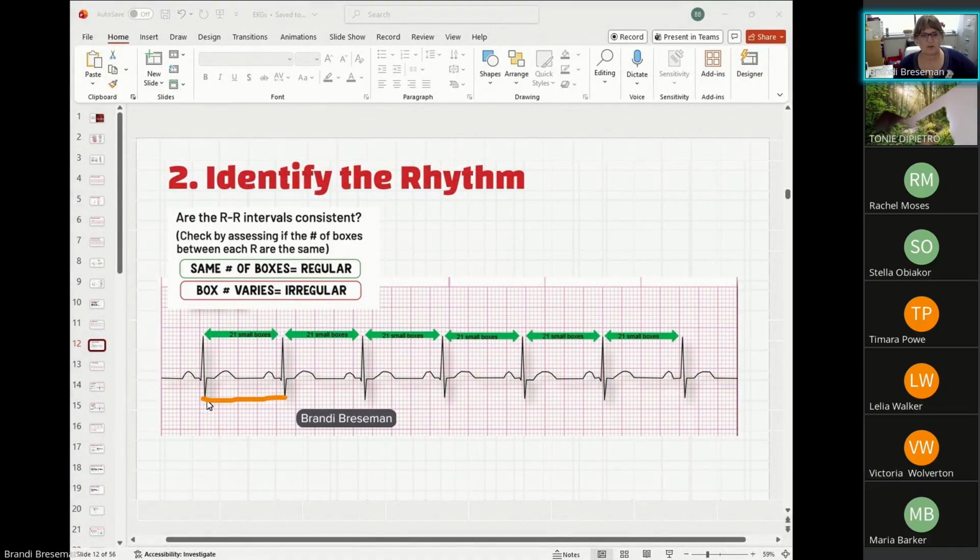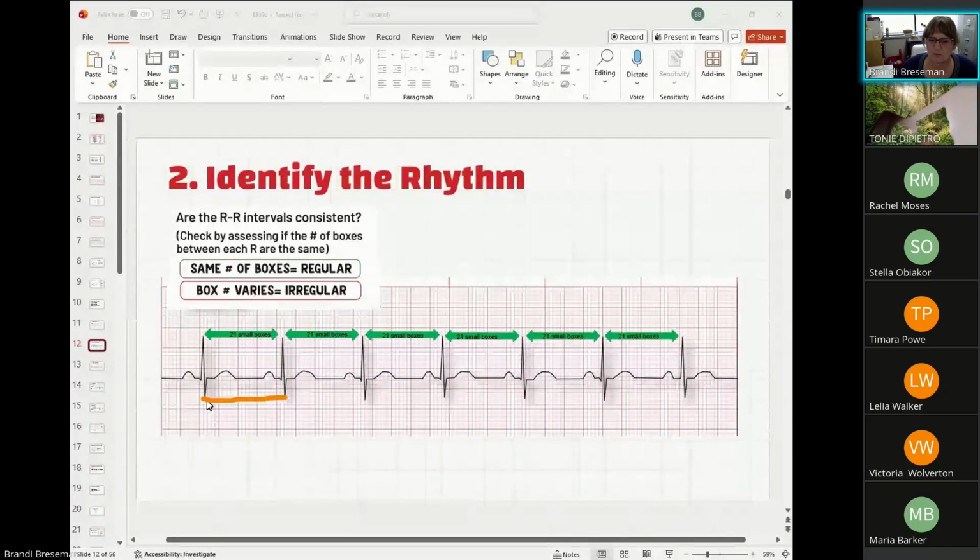So if you look at this, they counted them: you have 21 small boxes, 21 small boxes, 21 small boxes, 21 small boxes. That means you have a regular rhythm. There's roughly the same amount of time between each one.